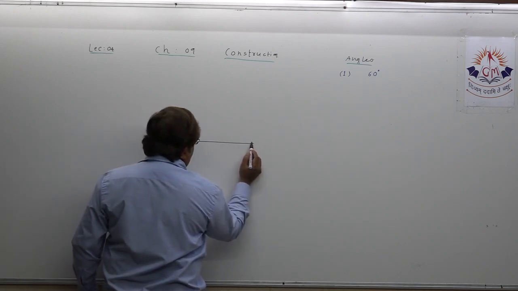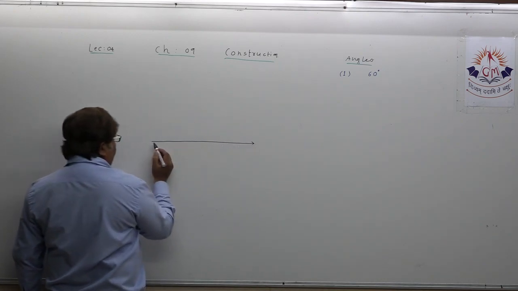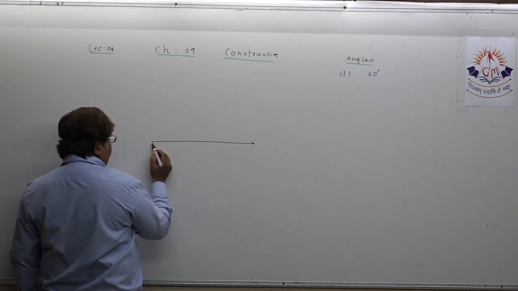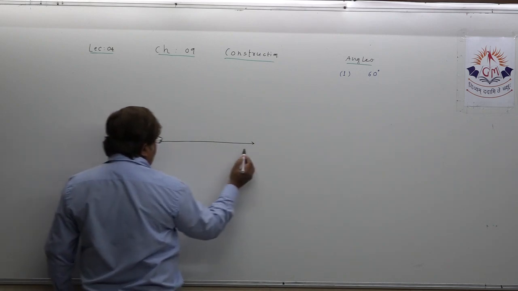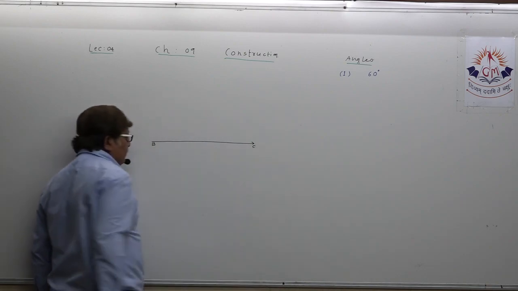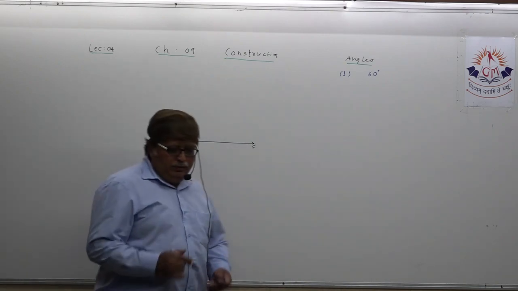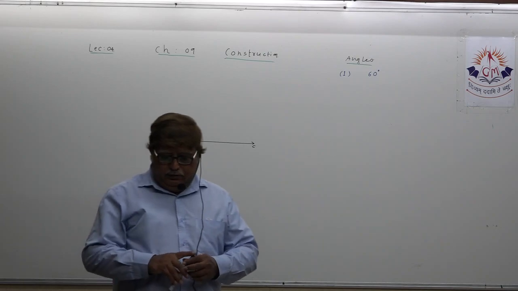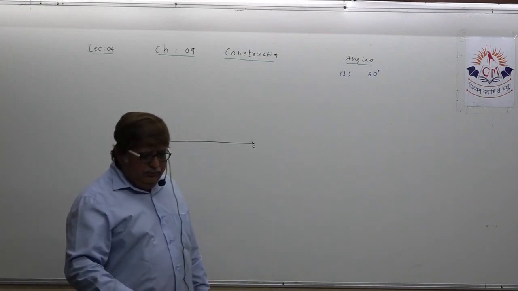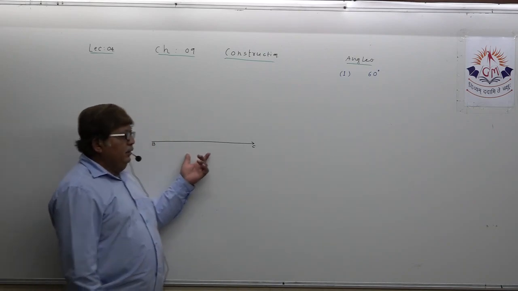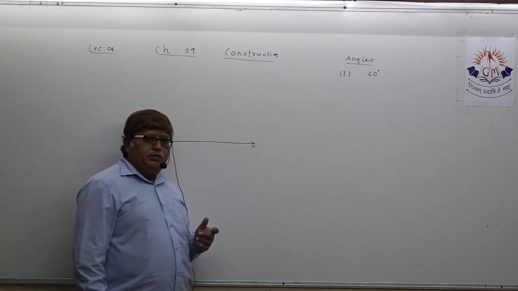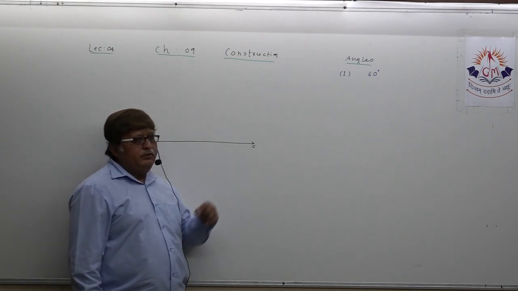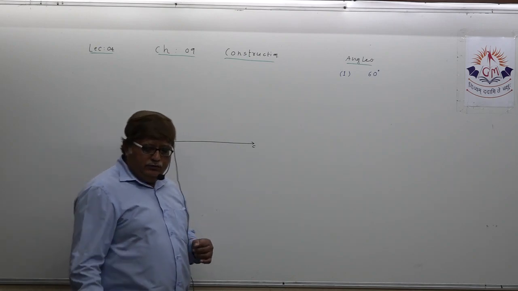one ray. Suppose I call this ray BC. You all know any angle is constituted by two rays. This is the basic ray, and one more ray you have to construct to realize the angle of 60 degree.